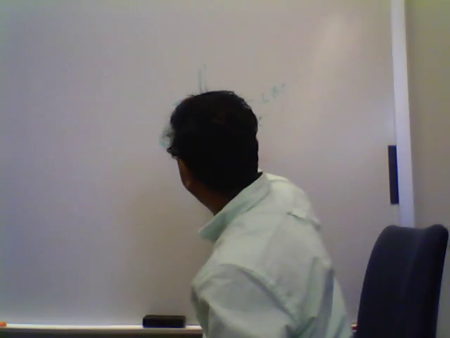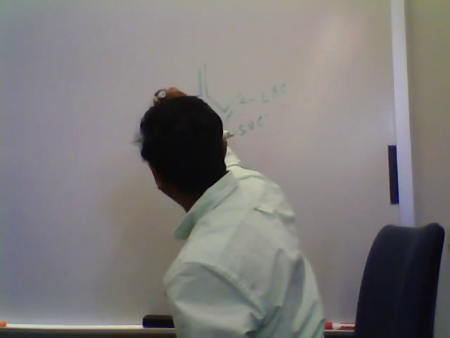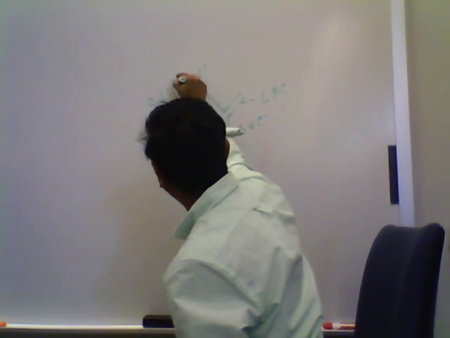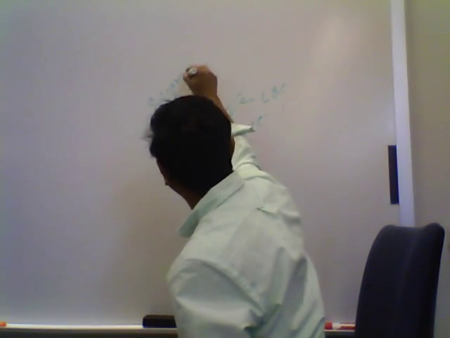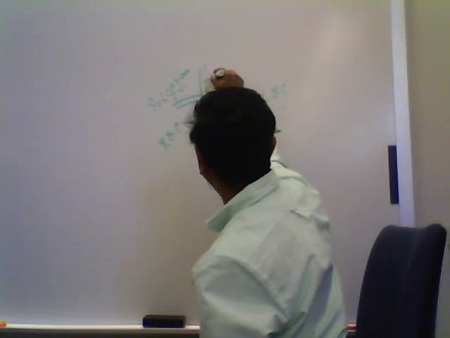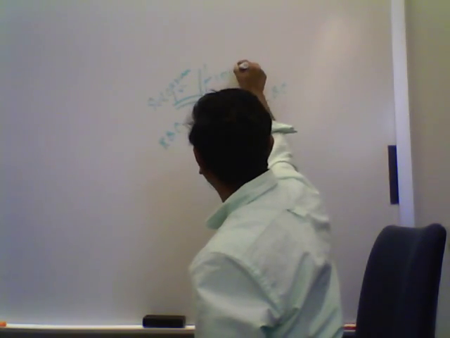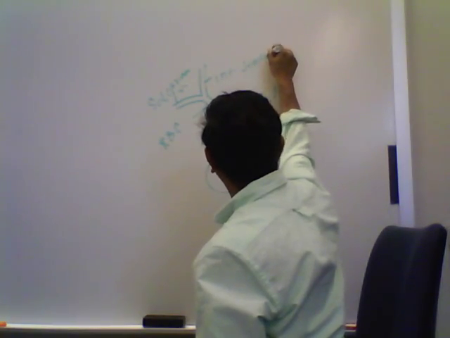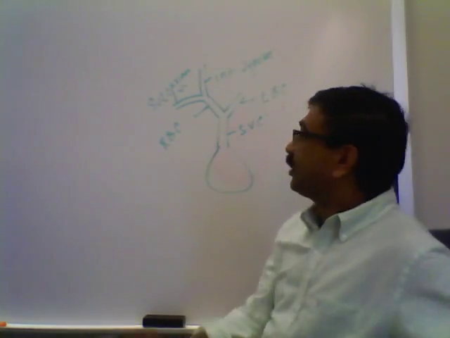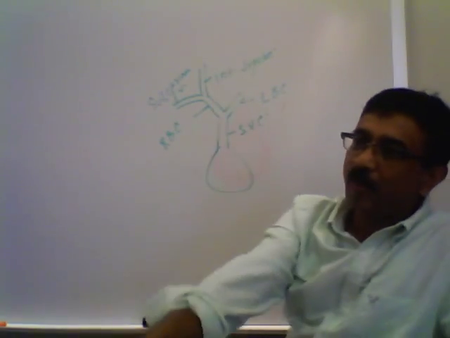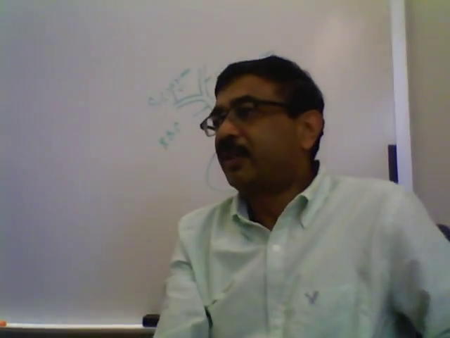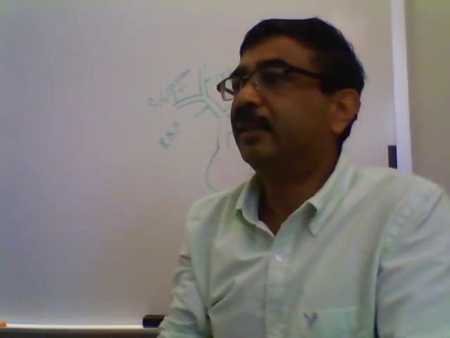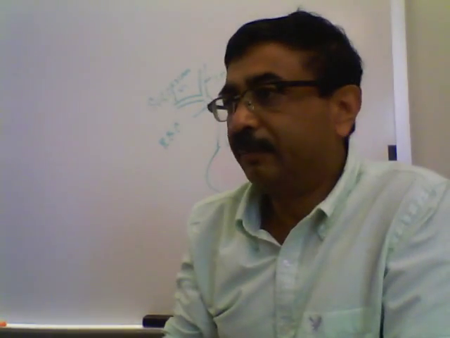So this is the subclavian vein, and this one is called internal jugular. Internal jugular. Same thing on this side. Okay. So brachiocephalic vein divides into subclavian and internal jugular.